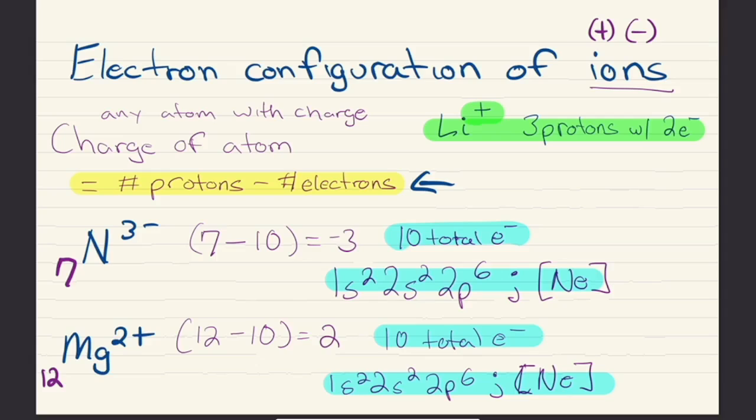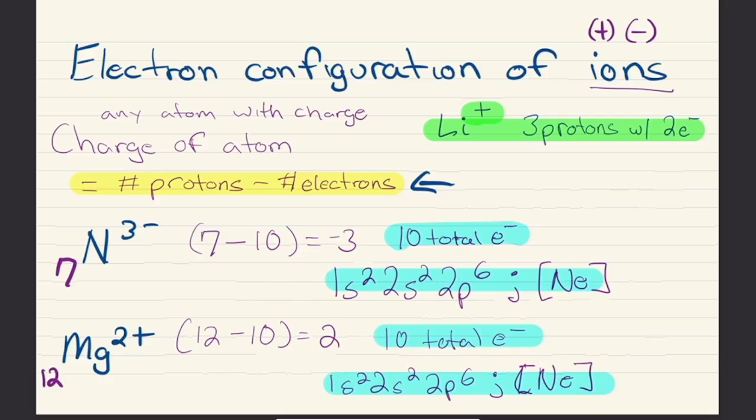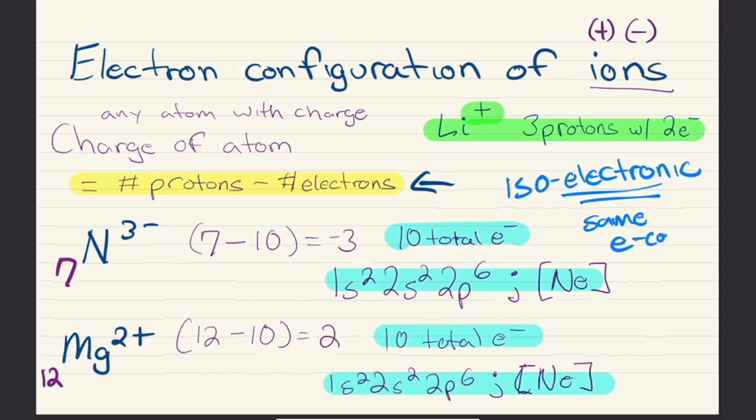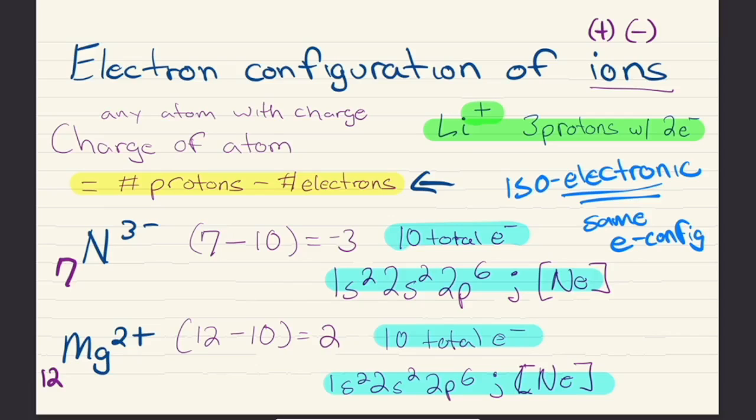When 2 ions are said to have the same number of electrons and the same electron configuration, we call them isoelectronic, meaning these 2 ions have the same e-config. And this is how you would approach electronic configuration of ions. You're either adding or subtracting electrons from the total number of electrons in the ground state.